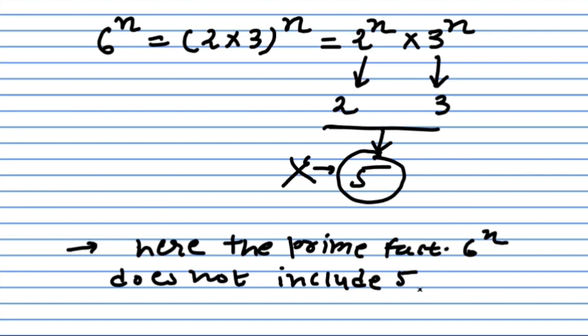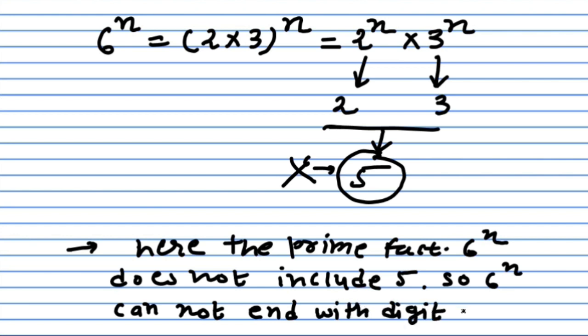So 6 raised to n cannot end with digit 0. This is the answer.